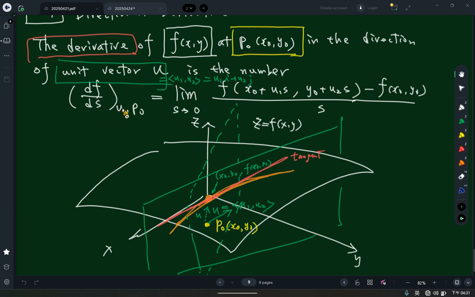And then you can notice that there are two very important parameters. One is u, and p0 is this point. Now we define it as this one. Last time I already gave you a rough idea about the directional derivative, so this time I will give you more explanations for each part.